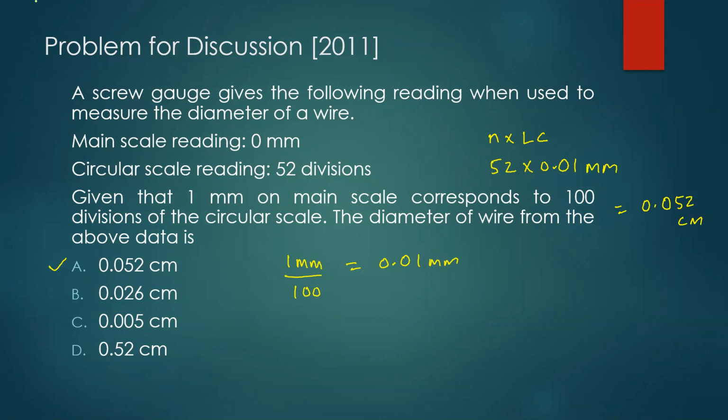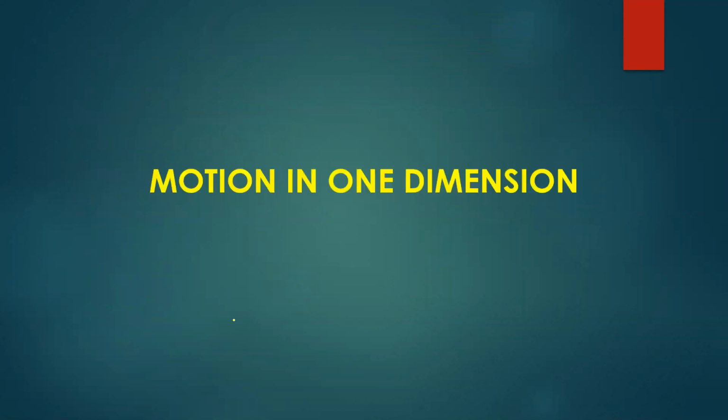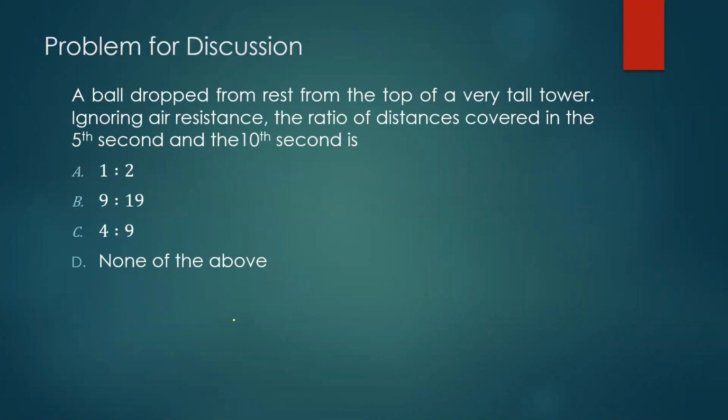Okay, so now let us move on. We will look at a few problems in one-dimensional motion. Take a look at this one. To answer this question very quickly, you can use something known as Galileo's law of odd numbers.